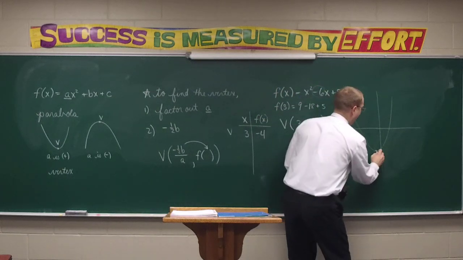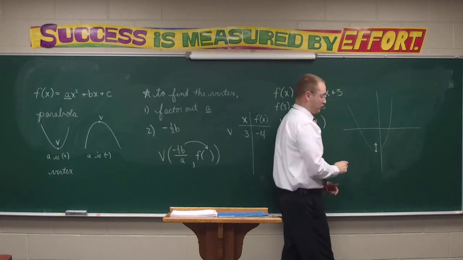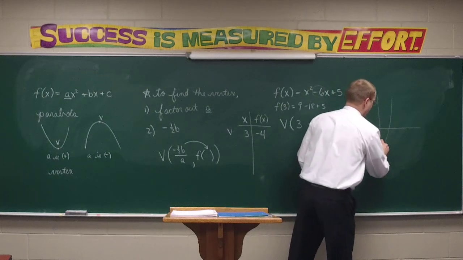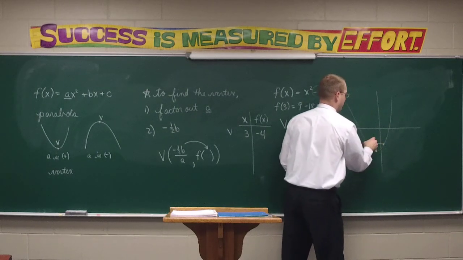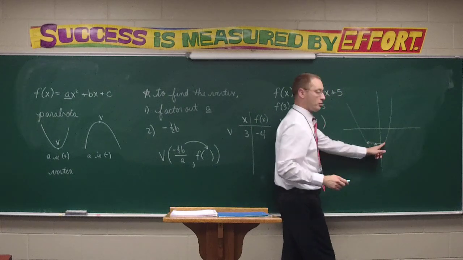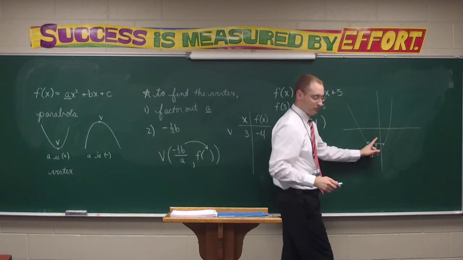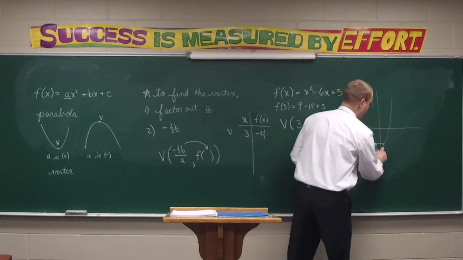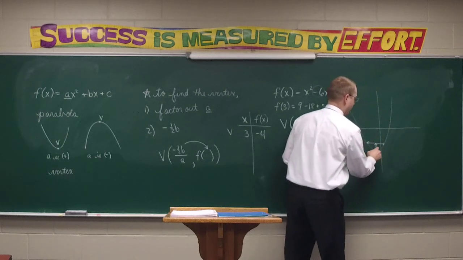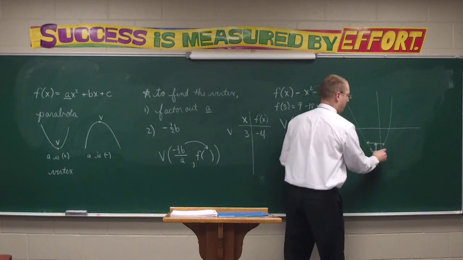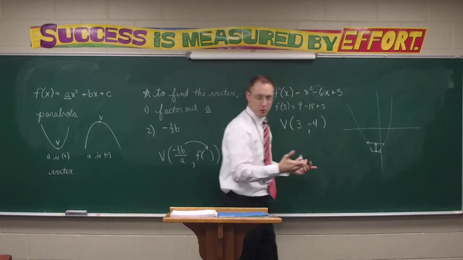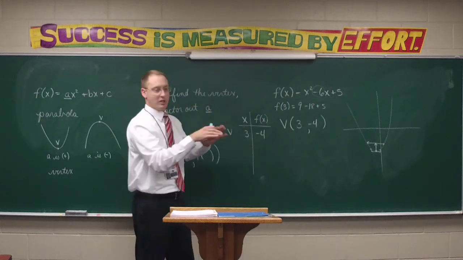So as you go up a particular unit value, it's going to go outward a particular unit value in both directions. Does that make sense? Or you could say, as you go outward a particular unit value, it's going to go upward the same amount both times. Or if it were inverted, downward.